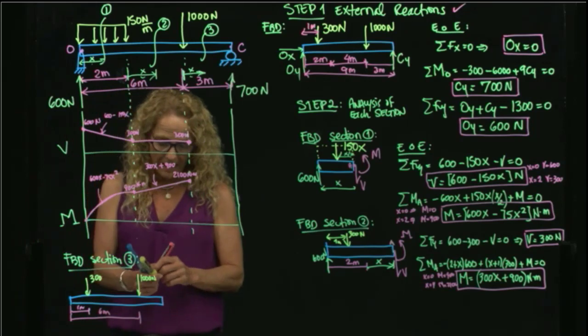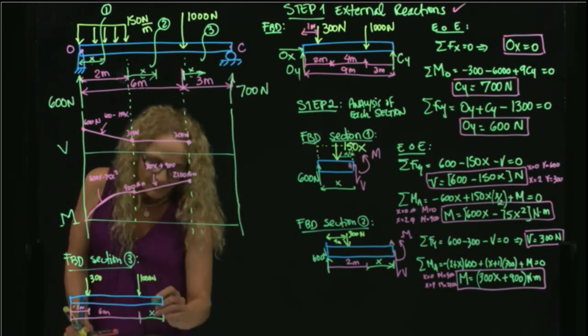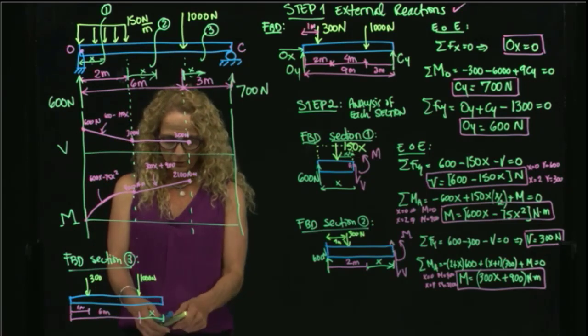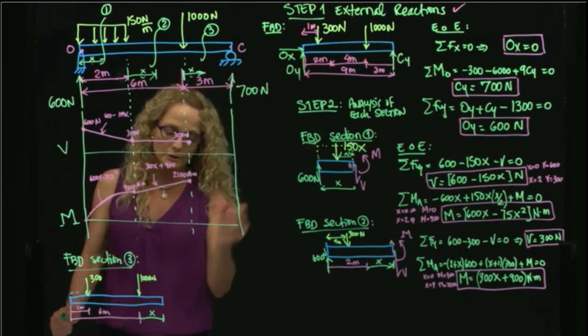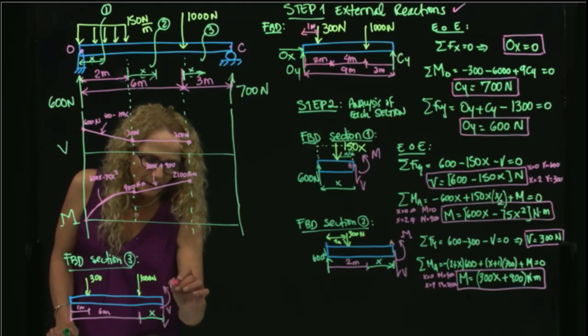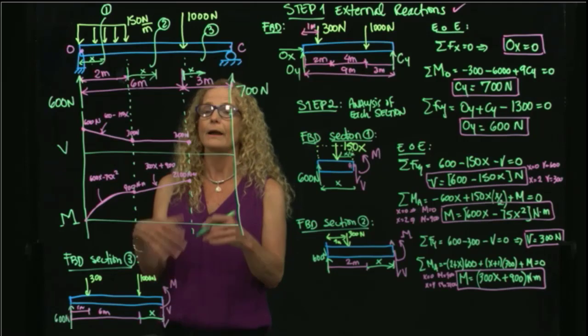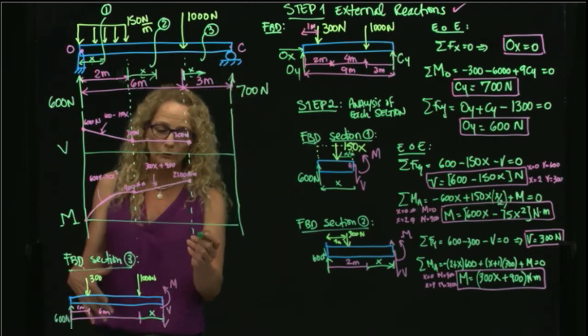And then this is my x, and I have now the internal forces, right? The internal forces are always the same, V and M. Okay, now I have my free body diagram and I apply my equations of equilibrium as usual.